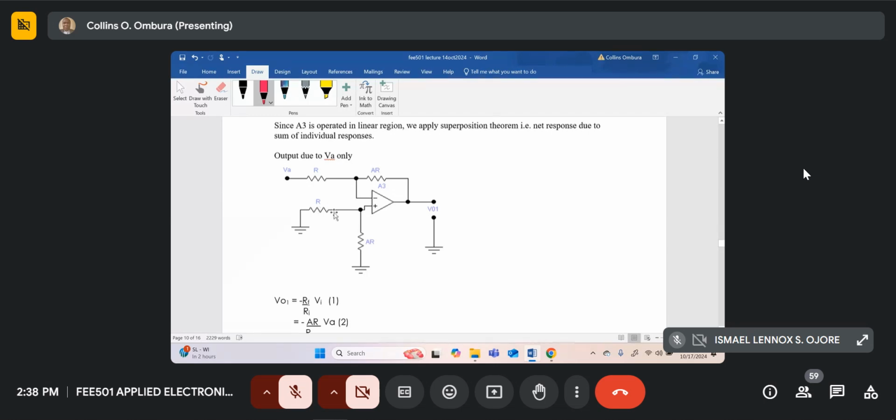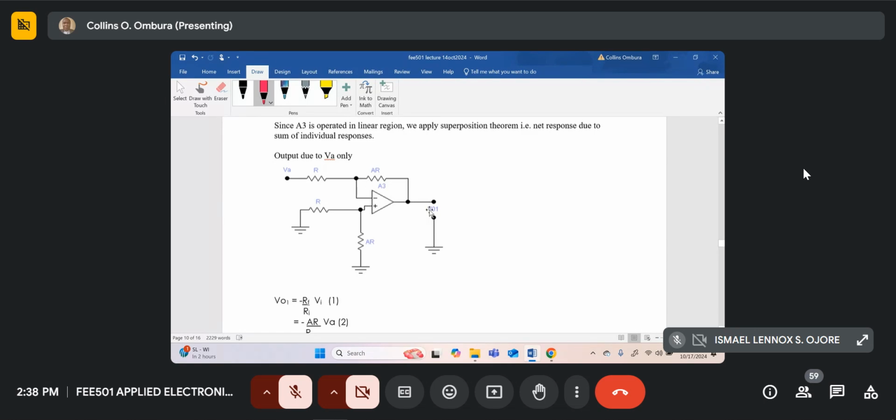So this is the equivalent circuit. I've grounded signal VB. If you look at this circuit, this is just our inverting amplifier, with an input resistance, this first resistance over here, and our feedback resistance, this AR.